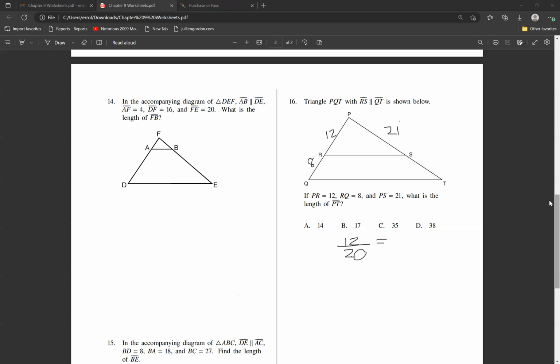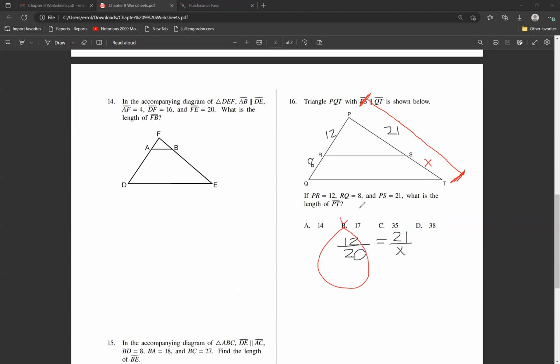What's that ratio? Okay, so here. What's wrong with that ratio? One thing that's wrong. What's wrong? The X. Okay, what should it be? We're saying this part is X right here, right? So what's this whole distance right here, from there to there? Well, X plus 21.